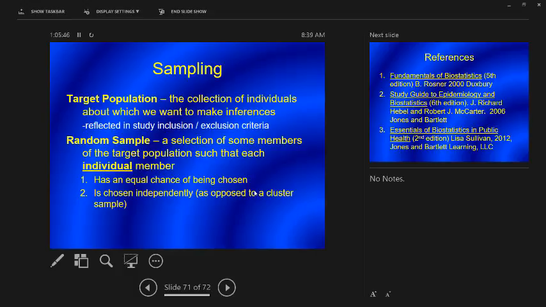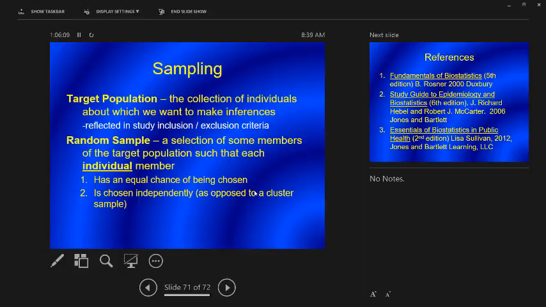Again, the way sampling works is that we have our target population that we're interested in making inference about. We define that target population by the study inclusion and exclusion criteria. Who's eligible to get into our study? Remember the motivating example in the lecture, looking at the association between oral contraceptives and cardiovascular disease.